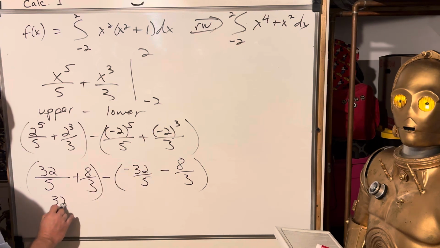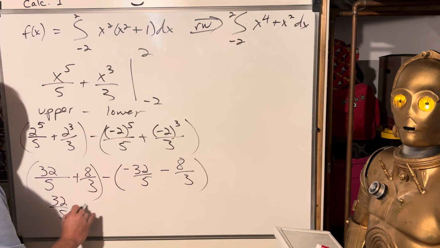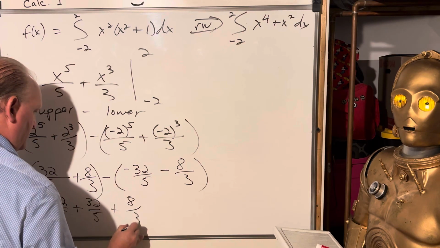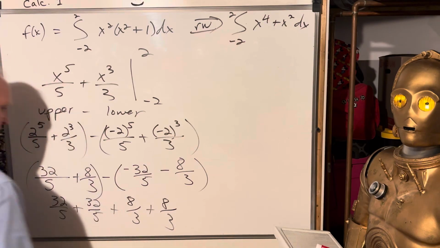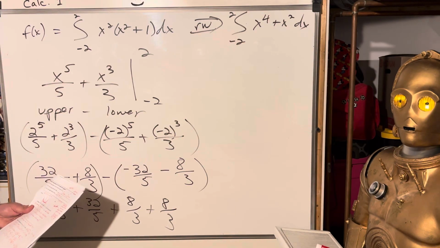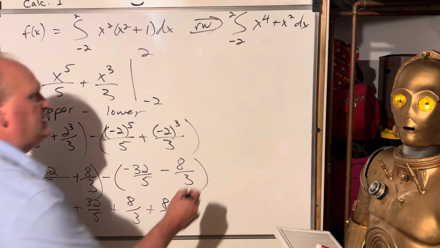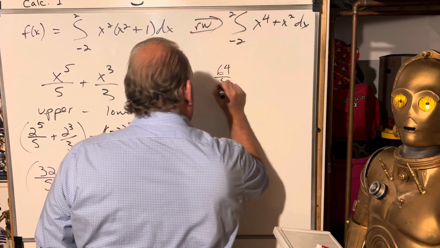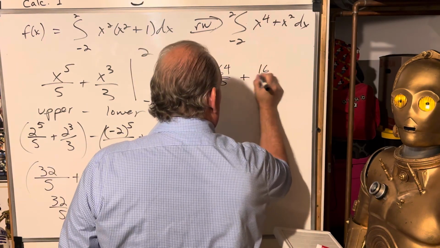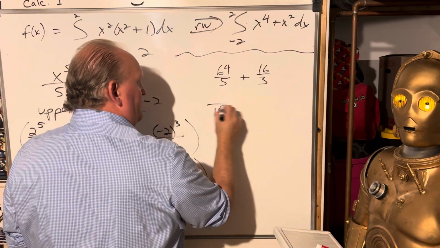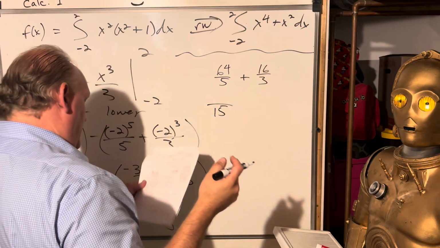So I'm going to have 32 fifths plus 32 fifths plus 8/3 plus 8/3, which is the same as times 2, from 0 to 2. And so 64 fifths plus 16/3, and then I do common denominator.